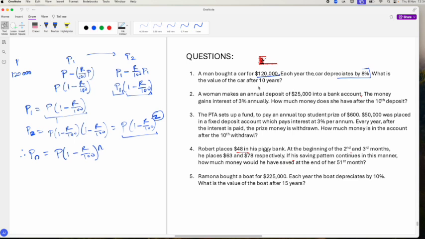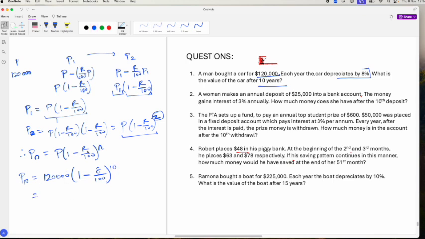N. So now I could find how much after 10 years, which is the principal, 120,000, into 1 minus the 8% all to the power of 10.